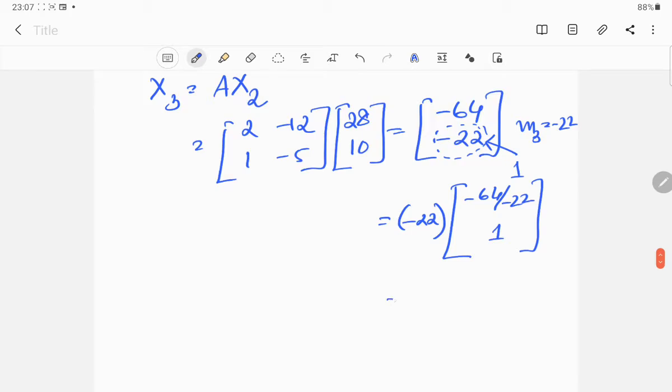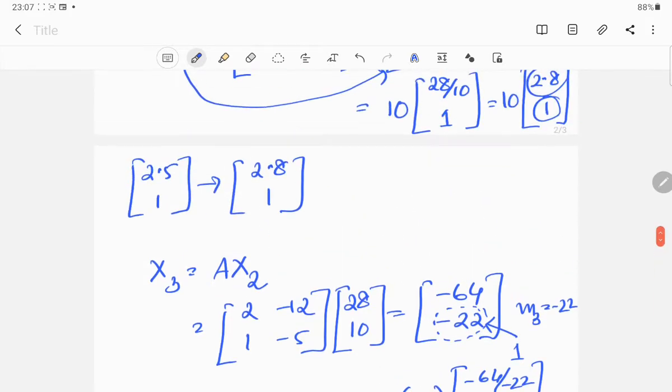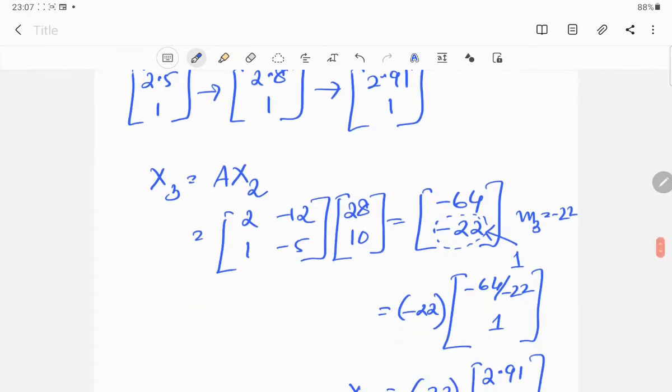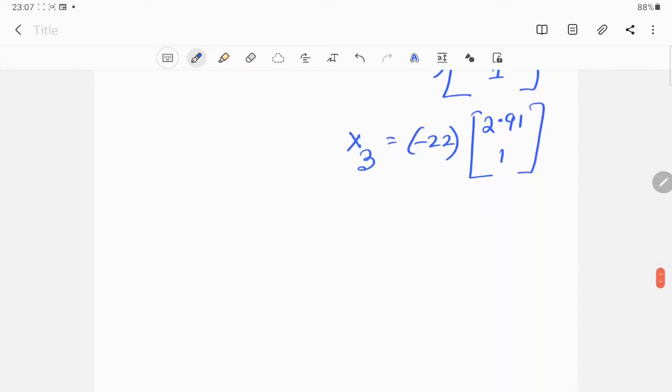So it is equal to 2.91 and 1. Okay, so this is our x3. So you see, the next step is 2.91 and 1.